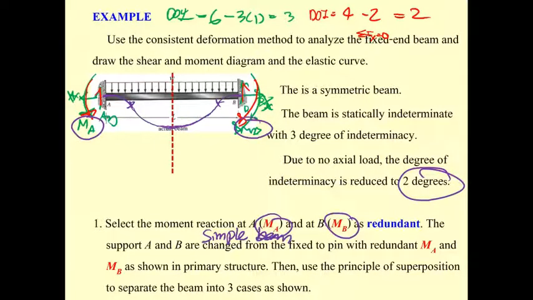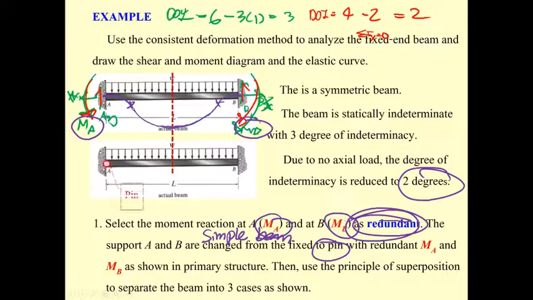Okay, by putting these two as the redundants, the fixed end changes to a pin. Actually, both are pins, but to be simple, make it a pin and roller because A sub y is 0. So this one is a pin, and has M sub A and M sub B as the redundants.